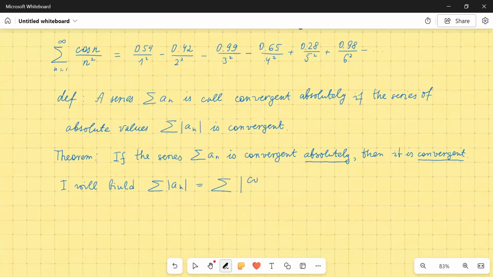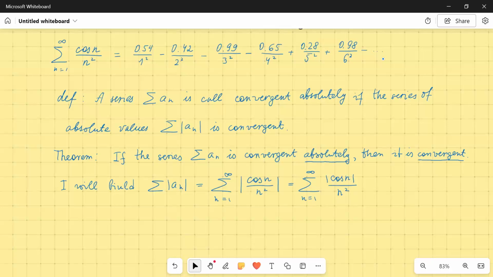Well, I'm just going to take the absolute value. There is nothing special in the word absolute. Just absolute values, because n is already positive. I'm just going to get the absolute value of cosine of n over n squared, n from 1 to infinity.